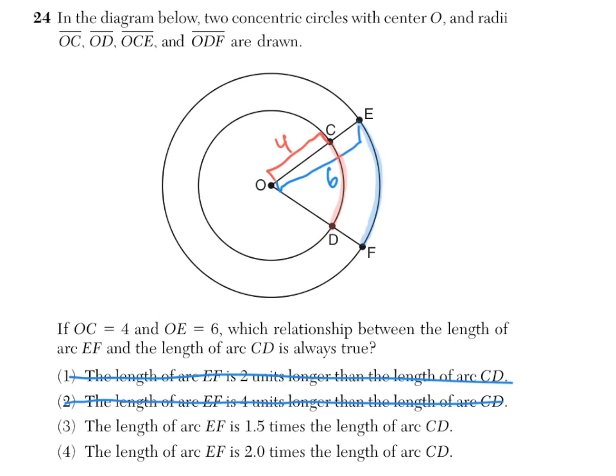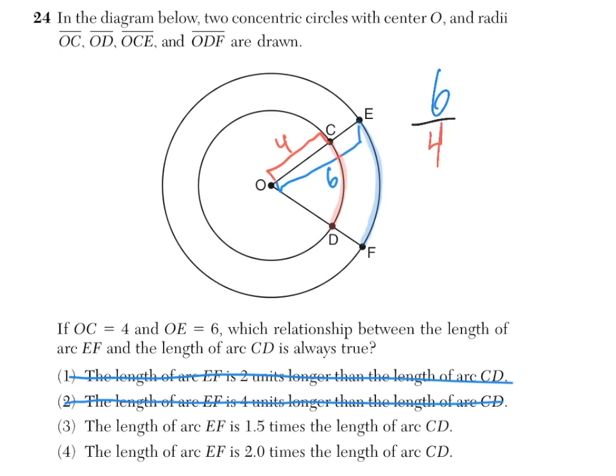Well, I know that if we're thinking about the relationship between the length of EF, the radius for this blue arc right here is 6. OE, rather, is simply 6. And it says that the radius of OC, of course, is 4.